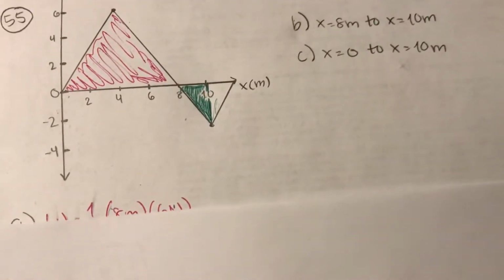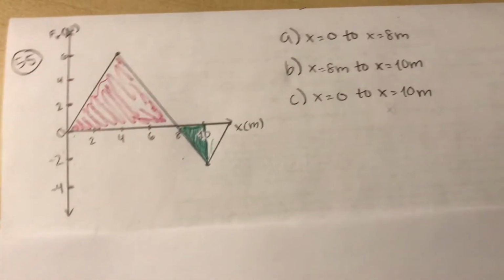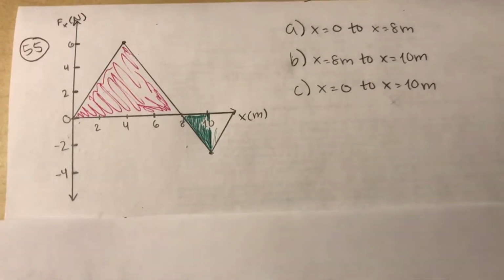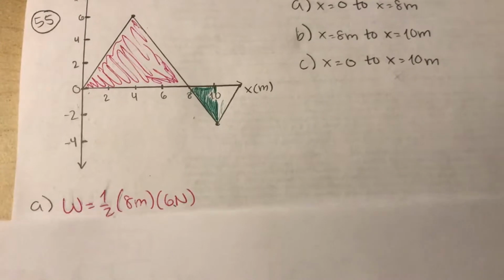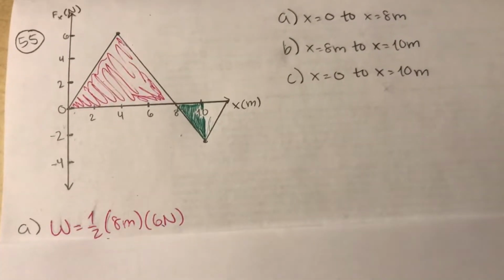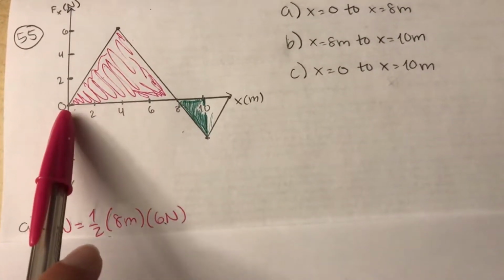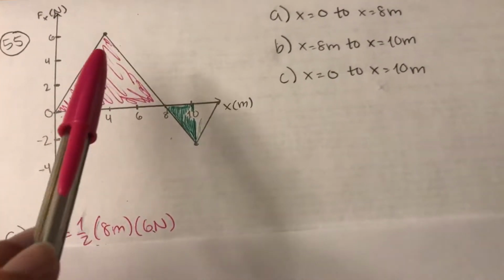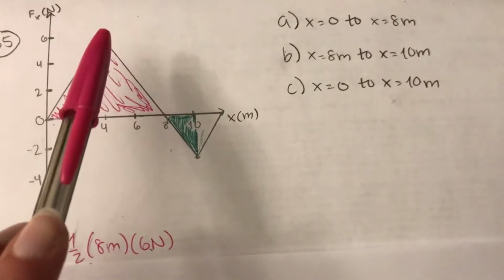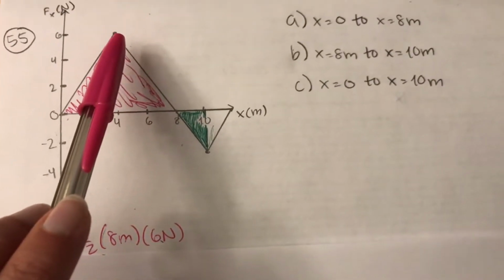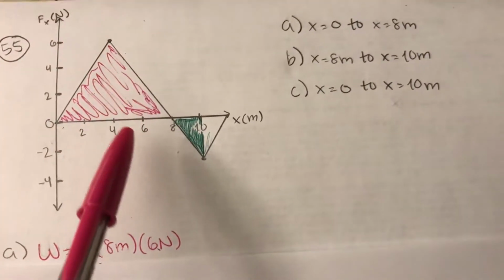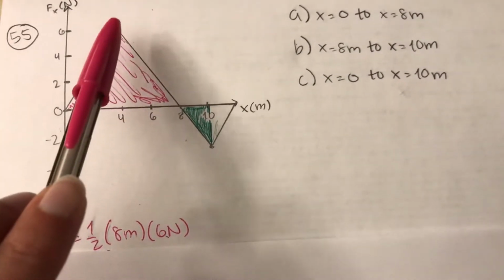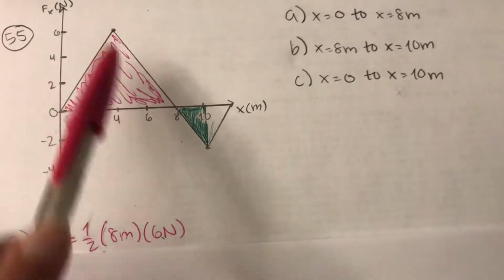A is 0 to 8 meters, and if you plug in the equation 1/2 times the force times the displacement, you get this, because here you have displacement 8 meters, 8 minus 0, this base, times the height, which is essentially the y-coordinate, which is the force, because you're starting from 0 for the force, and the y-coordinate is 6 in this case.